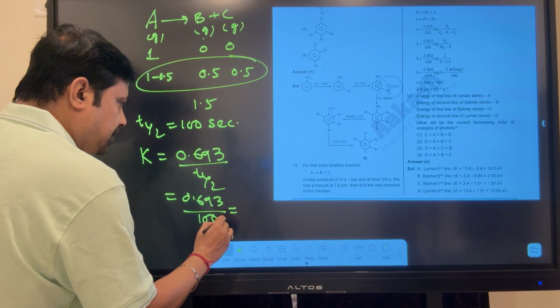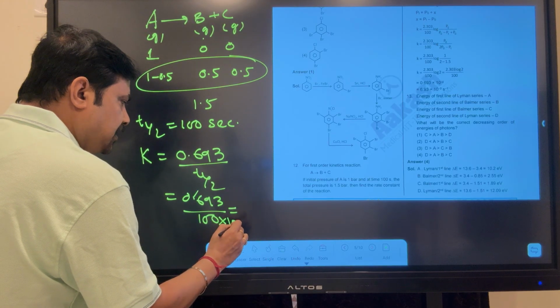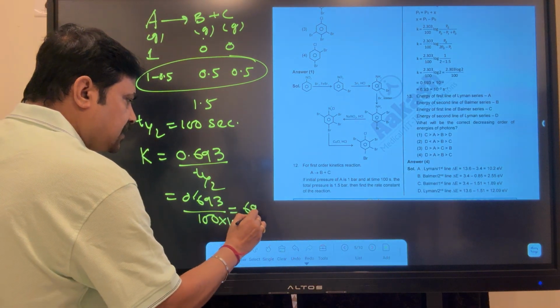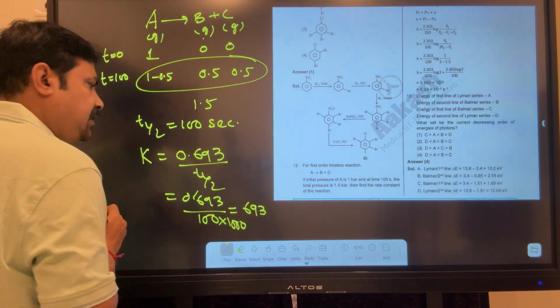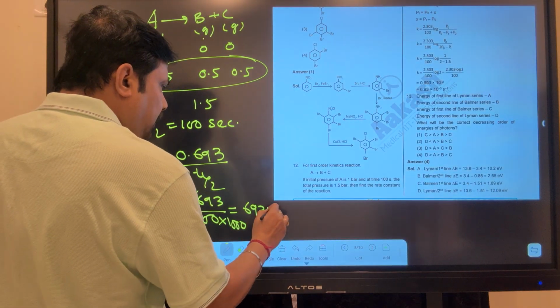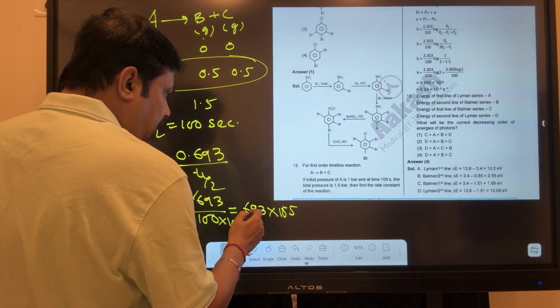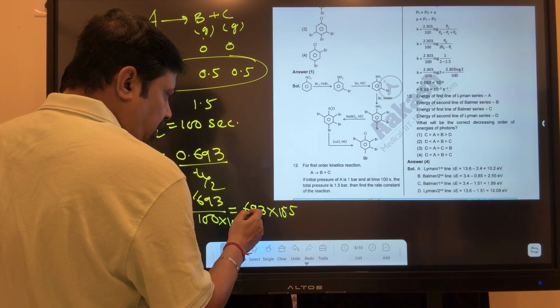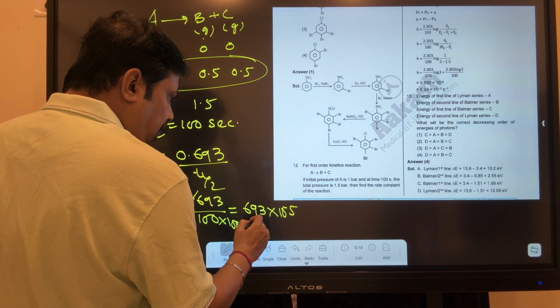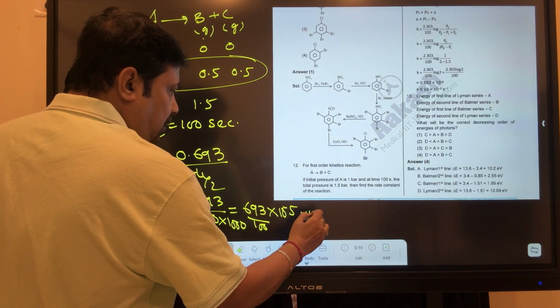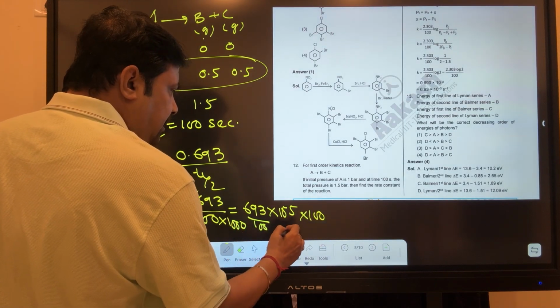That is 693 into 10 to the power of minus 5. Now if I multiply by 100 here and divide by 100 there, what will I get? 6.93.